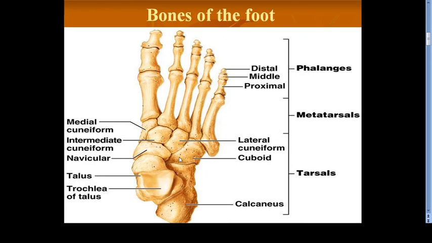The one which is going to articulate with the anterior surface of your calcaneum is the cuboid. From the medial side, you can appreciate three cuneiforms, right? Those are medial cuneiform, intermediate cuneiform and lateral cuneiform. Later on you have 5 metatarsals, and of course there are phalanges, proximal, middle and distal. So these are the bones which are going to form the foot.